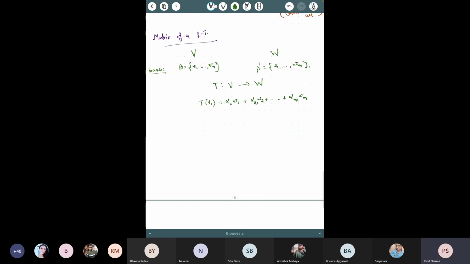So this is for V1. But similarly, you can do it for other vectors also.